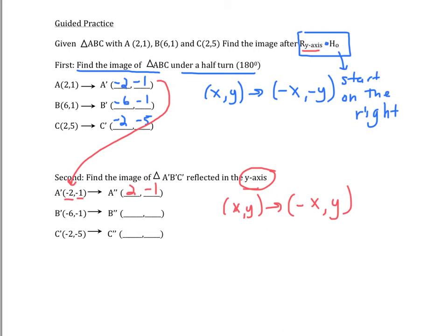Okay, apply that to all 3 points, and we end up with 6, negative 1, and 2, negative 5 for C double prime. Okay, so this set of points right here is the result of our composition. So if we took the original points A, B, and C, did a half turn, reflection in the y-axis, this is what would happen.